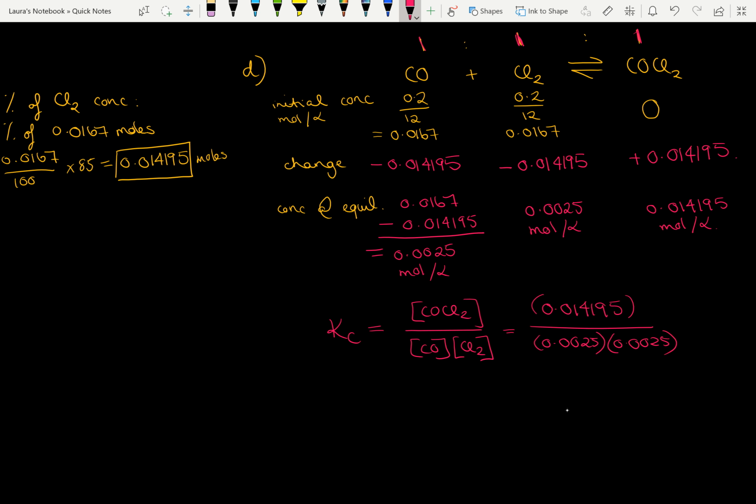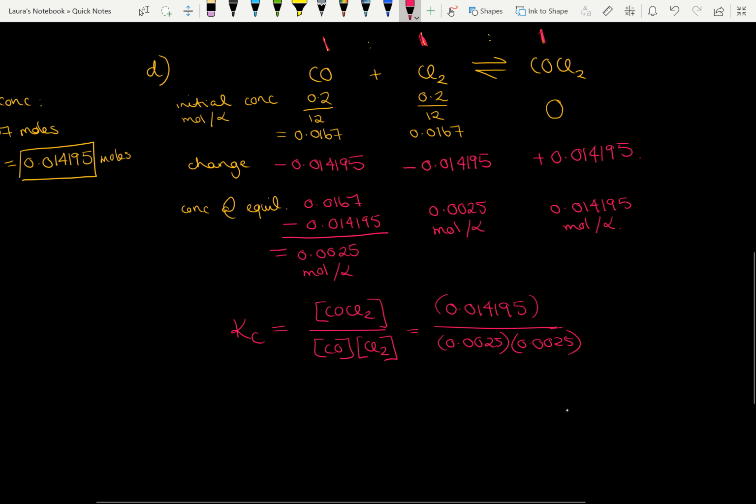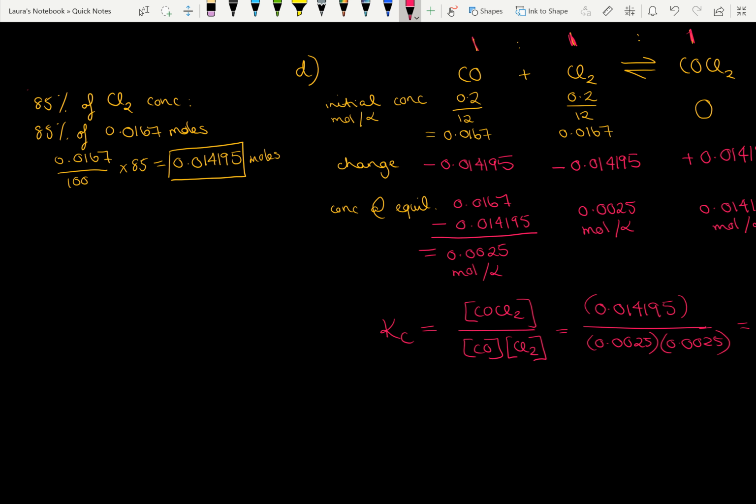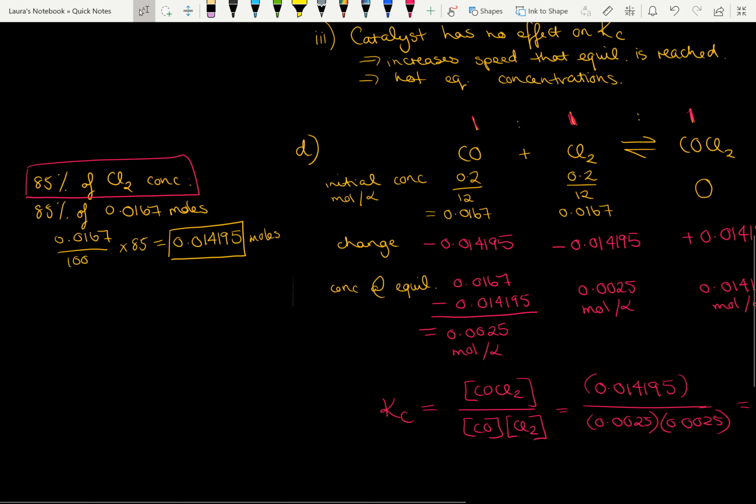With 0.0025, that will give me an answer of 2271.2. So that is my Kc. It was a simple enough equation in terms of the 1-to-1 ratio, but they ask it in a slightly different way. Instead of telling you the change, they gave you the percentage change. So it's all about being able to understand their phrasing.